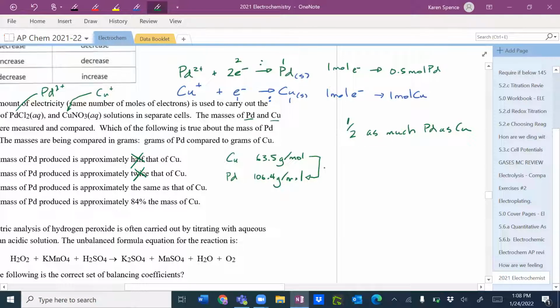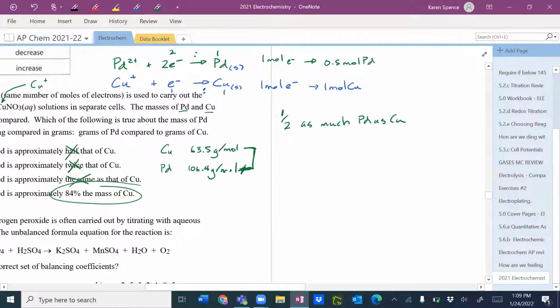This is not a tidy 1-to-2 relationship at all, this one here. Are they going to be approximately the same? No, because again, it's not tidy. So I'm going to guess that it's 84% times the mass. Let's chug our little numbers through and see what we get.